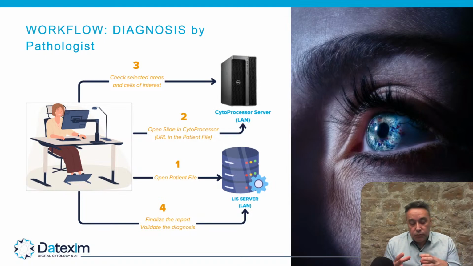So the pathologist will first check what is prepared by the cytotechnologist, and after, if she wants to look at more results and look at the AI results, it's always possible. But the goal is really to first check what was prepared by the cytotechnologist. So once the report is finalized and the diagnosis is validated, the pathologist can go to the next case on the work list like that.